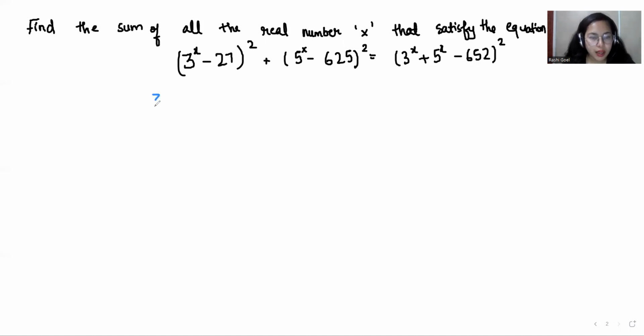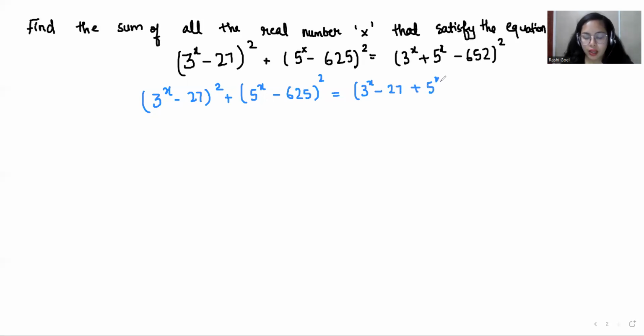So I can write it as (3^x - 27)^2 + (5^x - 625)^2 equals (3^x... I can break 652 into two parts. So I can write it as (3^x - 27 + 5^x - 625)^2.